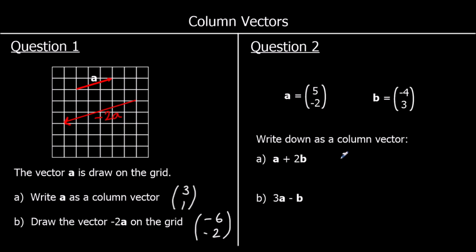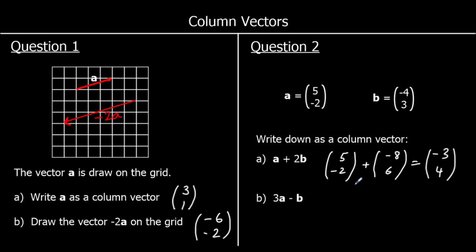So A is 5, minus 2. 2 B's is double B, so negative 8, 6. And we just add them up. So 5 minus 8 is negative 3. Negative 2 plus 6 is 4. So if we went along A and then along 2 B's, we'd go 3 to the left and up 4.